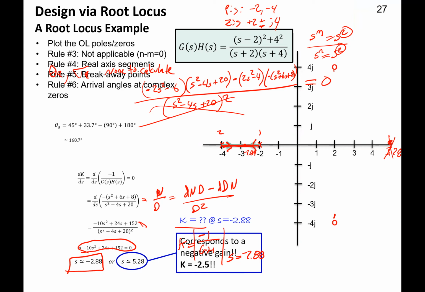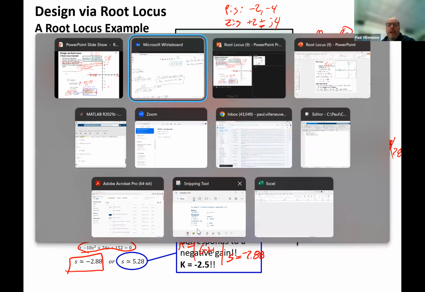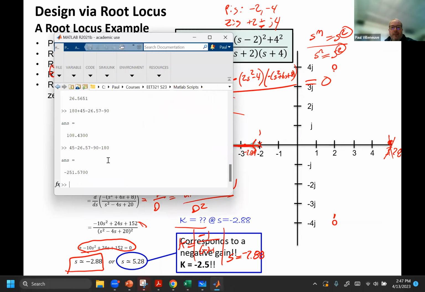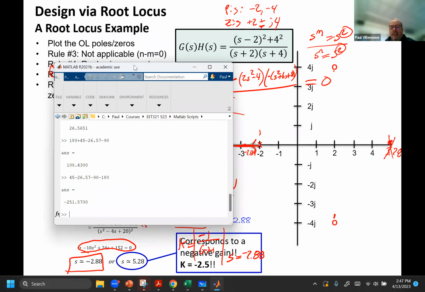Yeah, it'd be nice if you can go over it. Sure. This one is a little bit easier because it's just the gain. So I'm going to plug in, and it's going to be close. Let's say s, we know that the zero is minus 2.88. So that's the value.